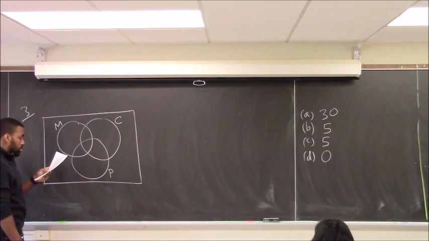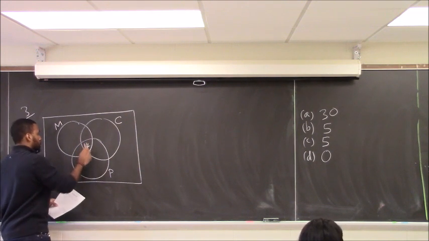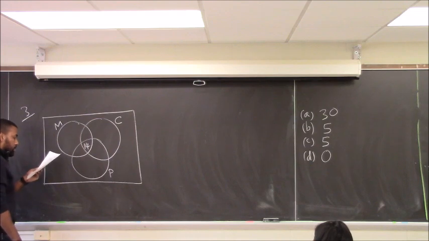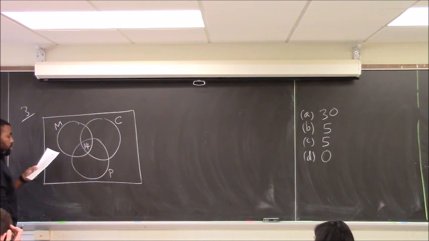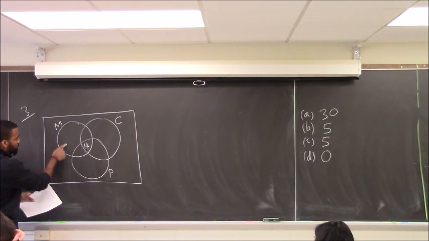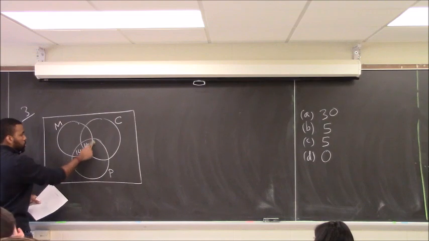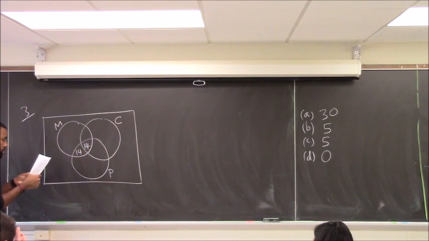The 14 that overlap. Okay. Now let's do math and physics. Where is that? 28 do math and physics. So if there's 14 here, 14 there, you must have 14 here. So that's 28 total people doing math and physics.